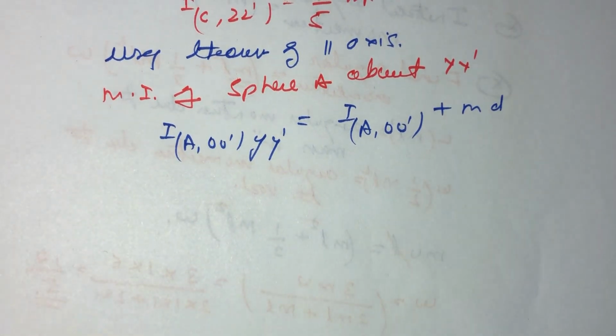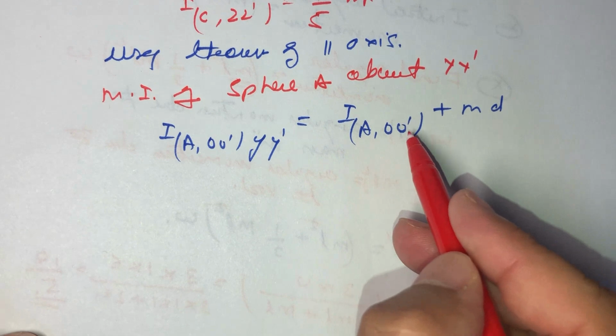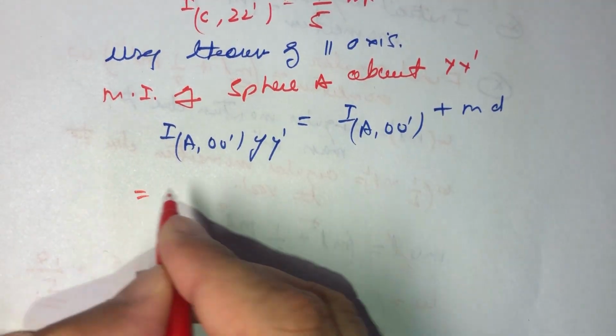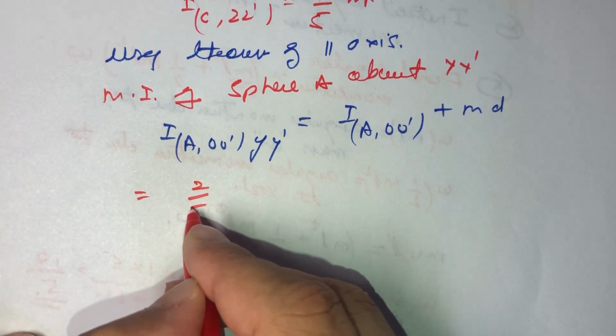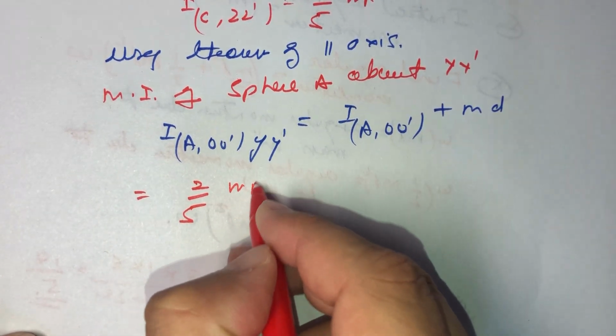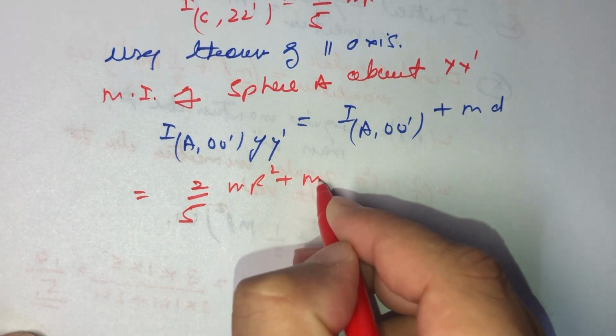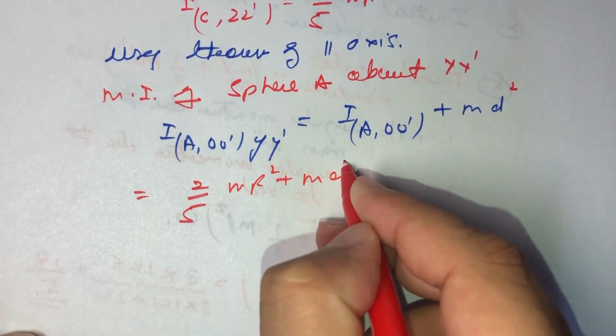So further substituting value of I A OO prime, this comes equal to 2 by 5 mr square plus md square.